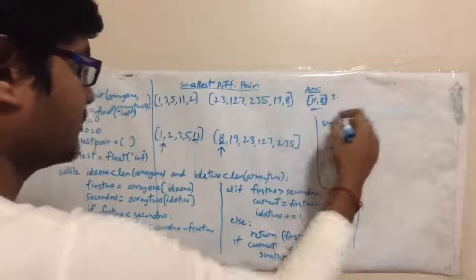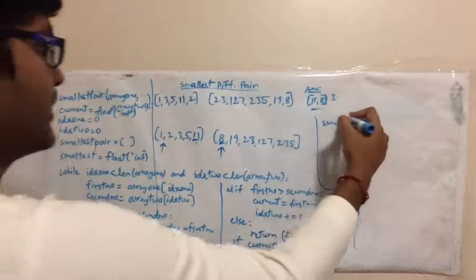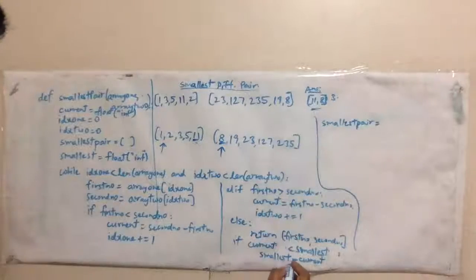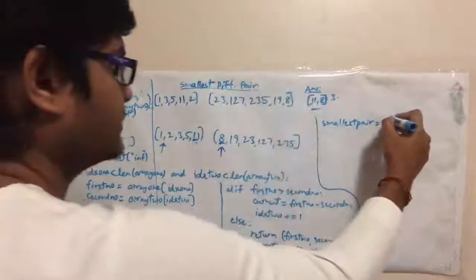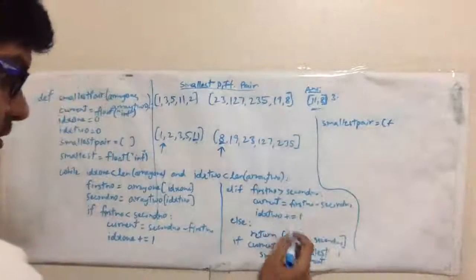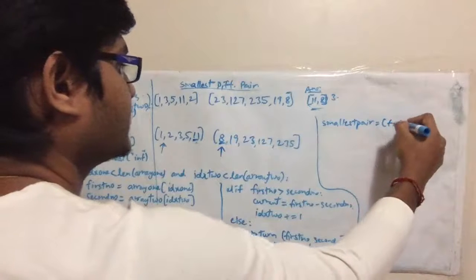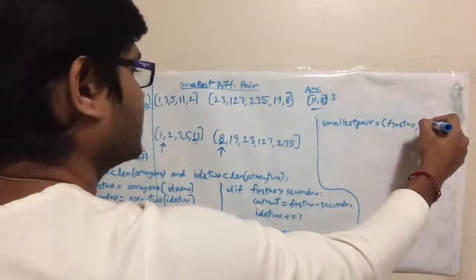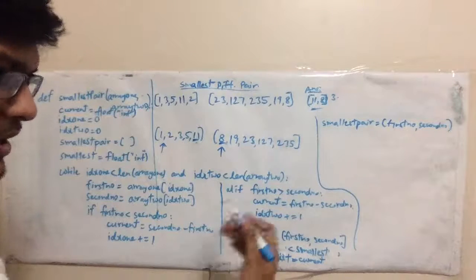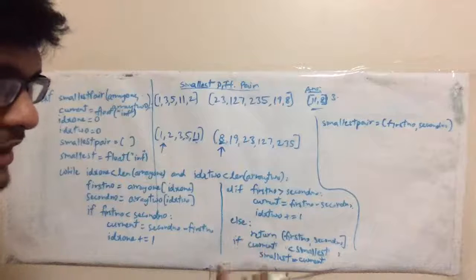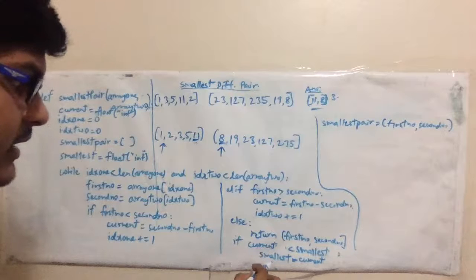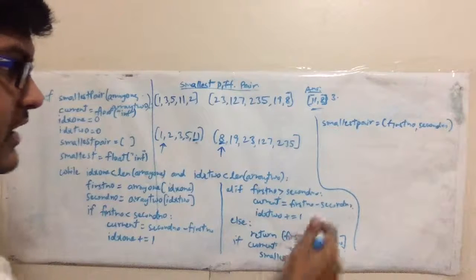This will be a continuation of this. The smallest pair, we need to update it as the first number and the second number which we are getting here. So in this check, we are storing the current in one iteration, comparing with the smallest, and updating the smallest and the smallest pair.